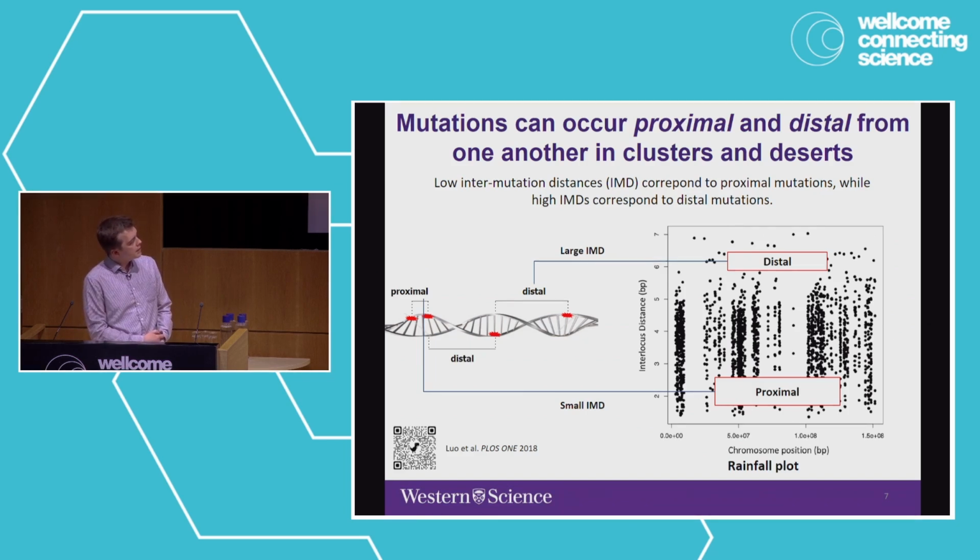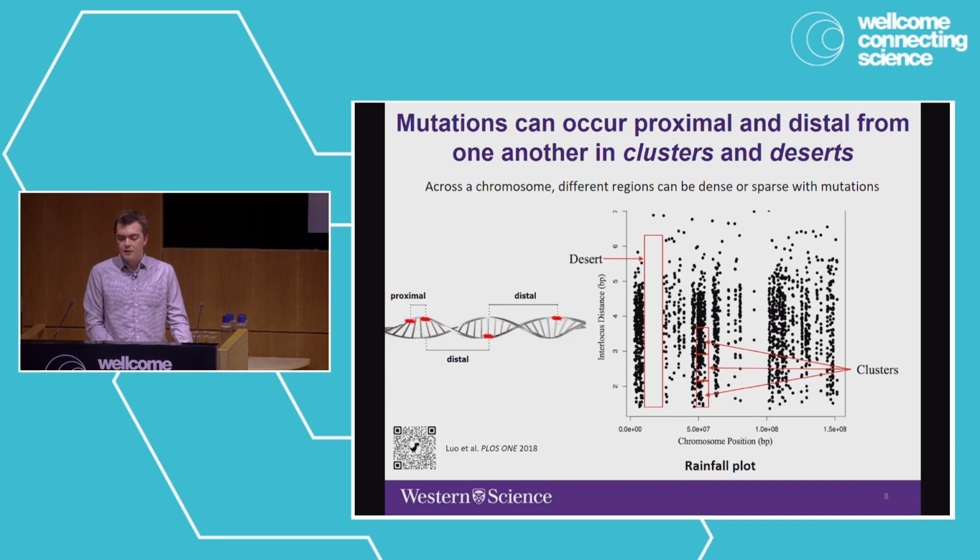These can be visualized with a rainfall plot, with the x-axis corresponding to chromosome position, and you can zoom out and look more broadly at the whole genome, with the y-axis corresponding to the intermutation distance. Those dots lower on the graph are proximal to their previous mutation, with those higher up being distal from one another.